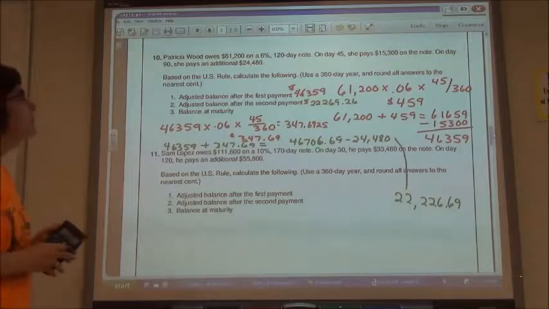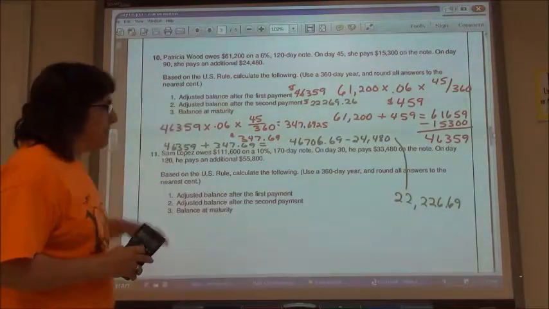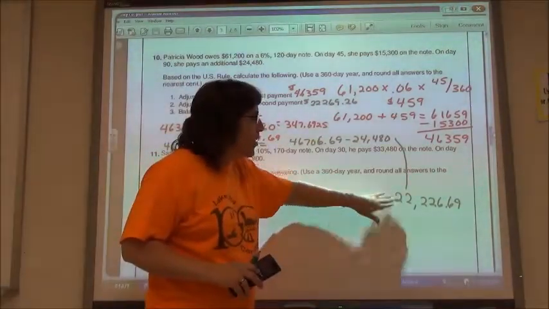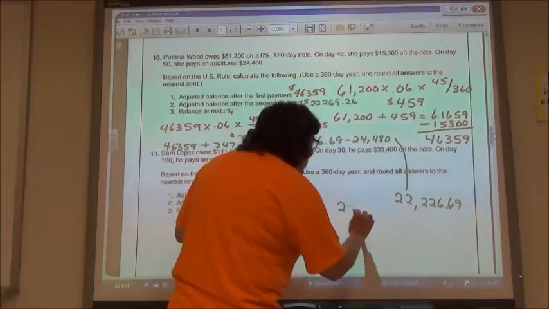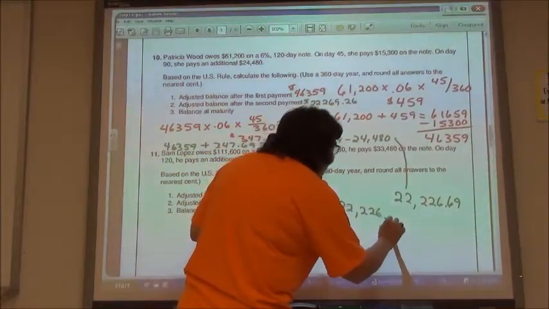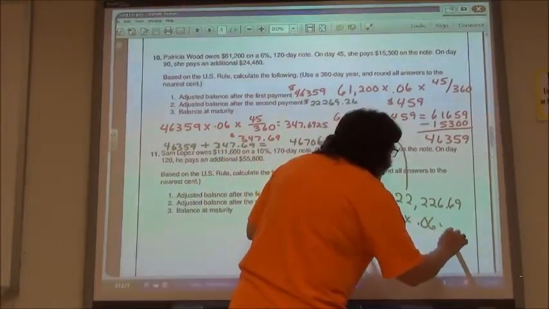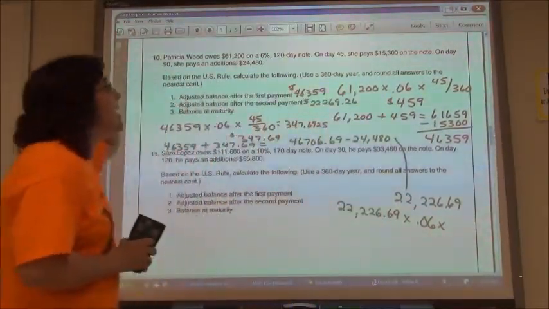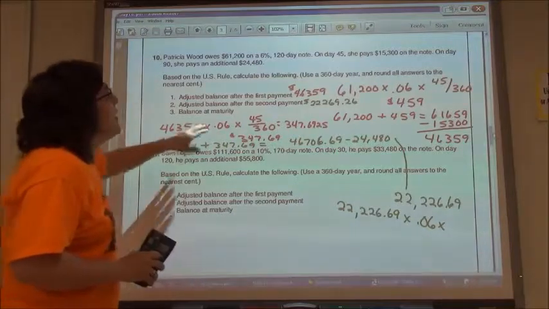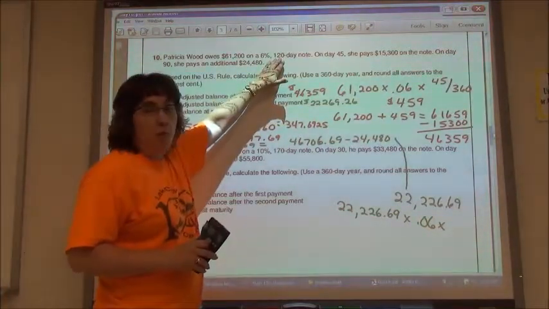So now I have to find the balance at the maturity. This is the amount I still owe, $22,226.69. It's still at 6% interest, and I have to figure out how many days I have left on my note. My total note was 120 days.